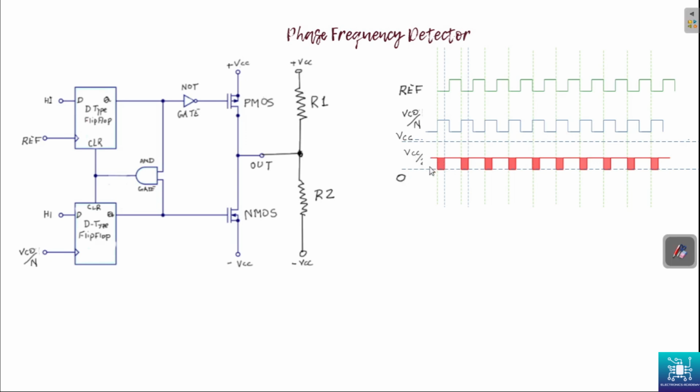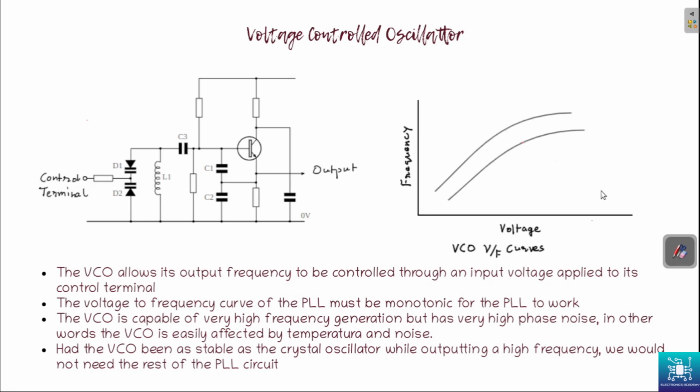The voltage will be fixed at VCC by 2 when there is no input, and when there is an input, it will go to either 0 or 5 volts. There is no negative voltage here. So with the second signal leading, this is the wave train you get, all negatives. Coming to the next one, we will talk about the voltage controlled oscillator.